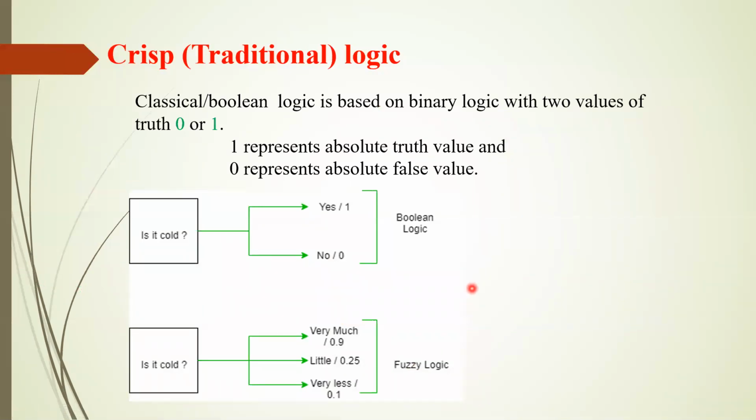In the classical or Boolean logic, truth value 1 represents absolute truth value and 0 represents absolute false value. But in the fuzzy system, there is no logic for absolute truth and absolute false value.